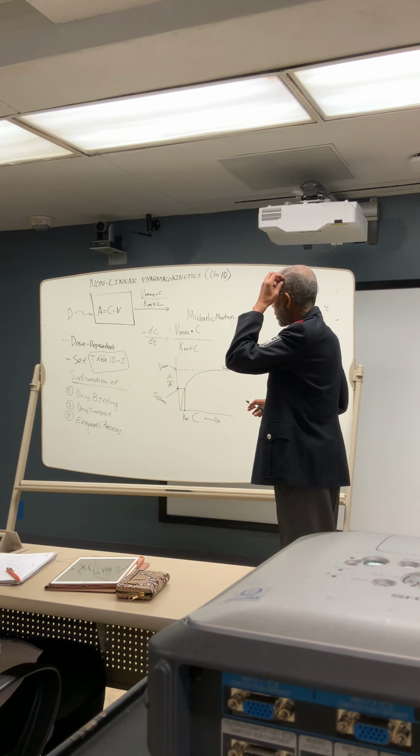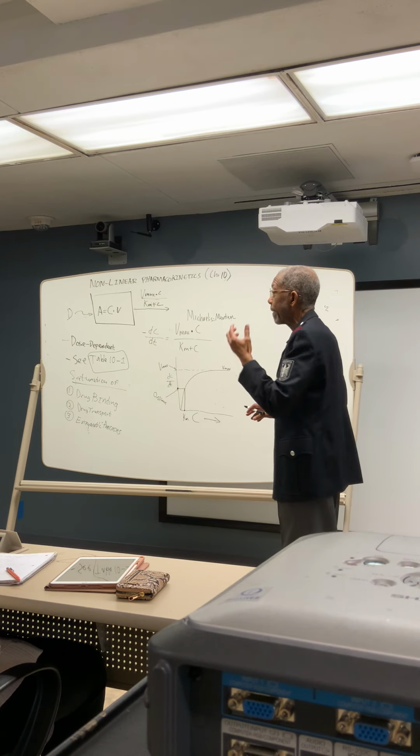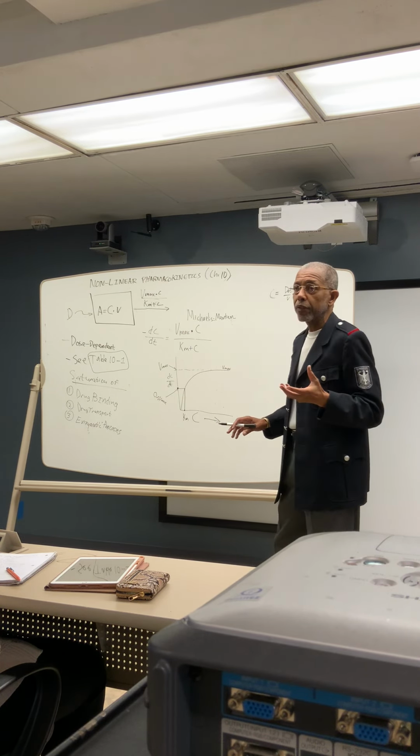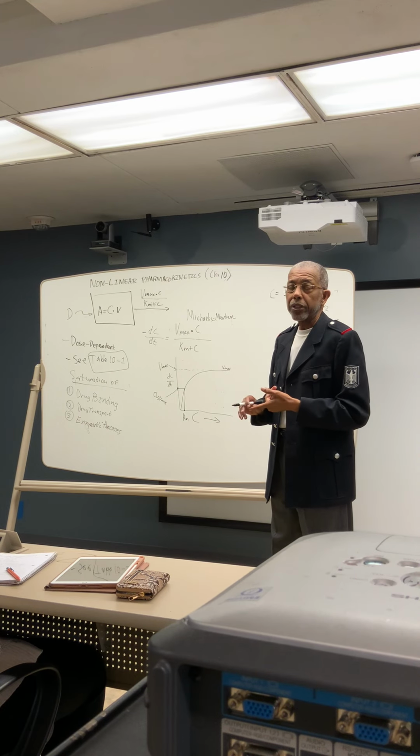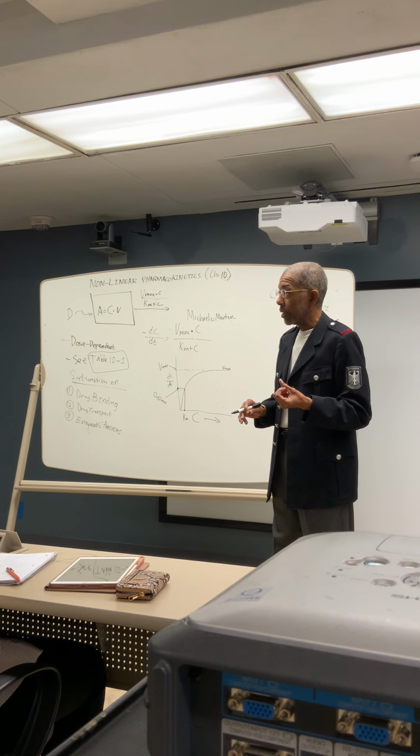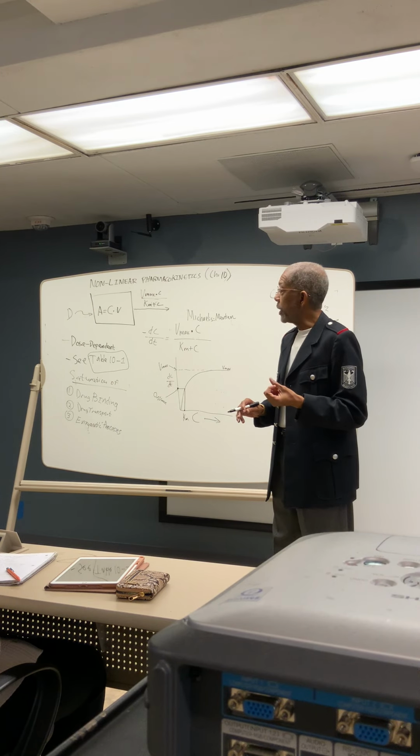So, in order to appropriately adjust the dose for a patient that's on a drug that shows dose-dependent pharmacokinetics, if we need to adjust the dose, then we need to have an estimation for Vmax and Km. Okay?